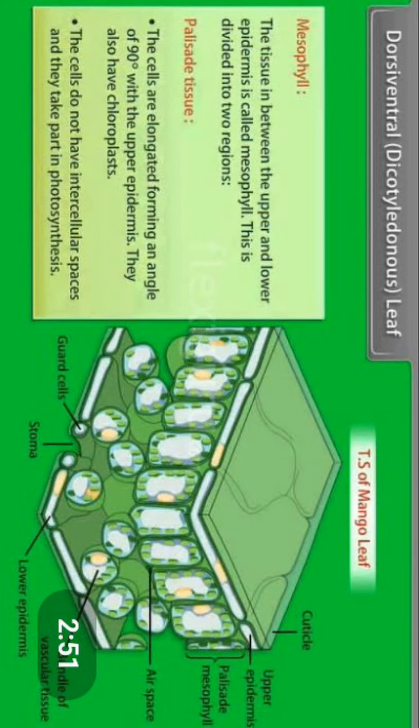It means the upper epidermis, or dorsal side of the leaf, comparatively has fewer stomata, and the lower side of the leaf has more. The upper one may even lack stomata. Understand? So the tissue between the upper and the lower epidermis is called mesophyll.